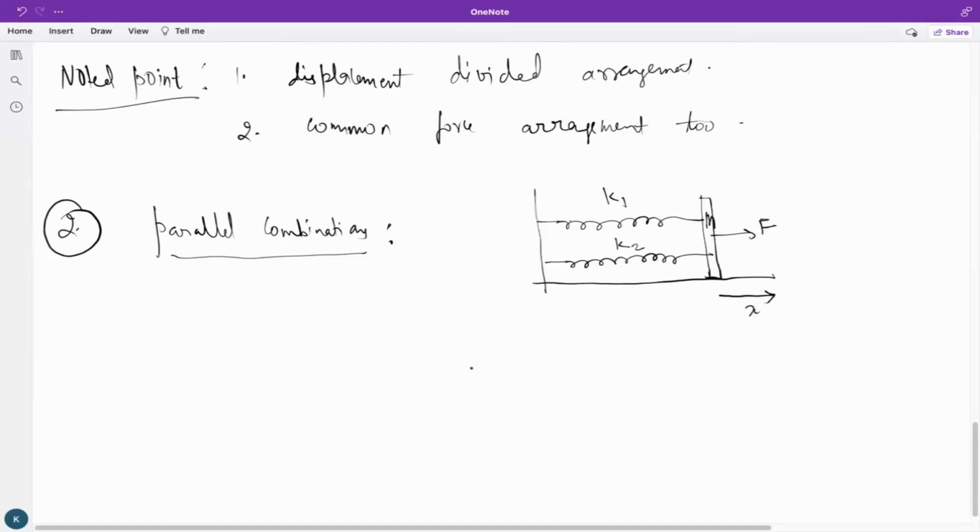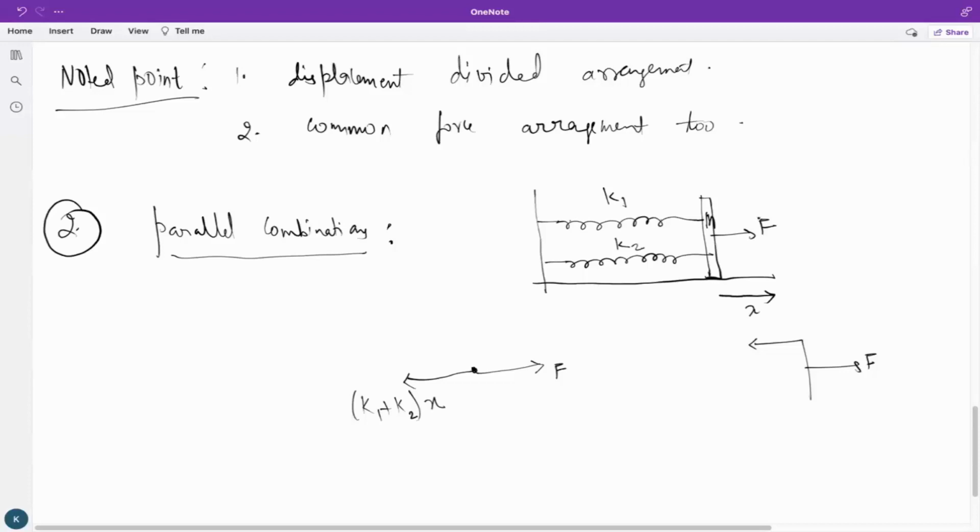So our force F is balanced by two forces in this direction, equal to K1 plus K2 into x, because both springs have displacement x, since both springs are parallelly connected. So both move in the same direction.